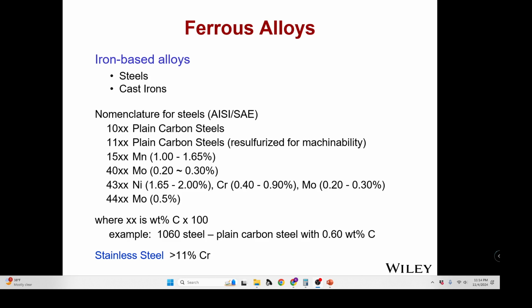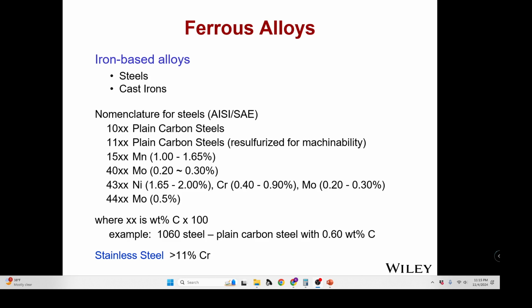A 40 series, that's a 15 is manganese. 40 series is molybdenum. 43 series is nickel, chromium, molybdenum. So a chromoly steel is going to be more like a 43, and typically you're going to find it in a 4340. Sometimes you'll find 4330, but 4340 is a very common material.